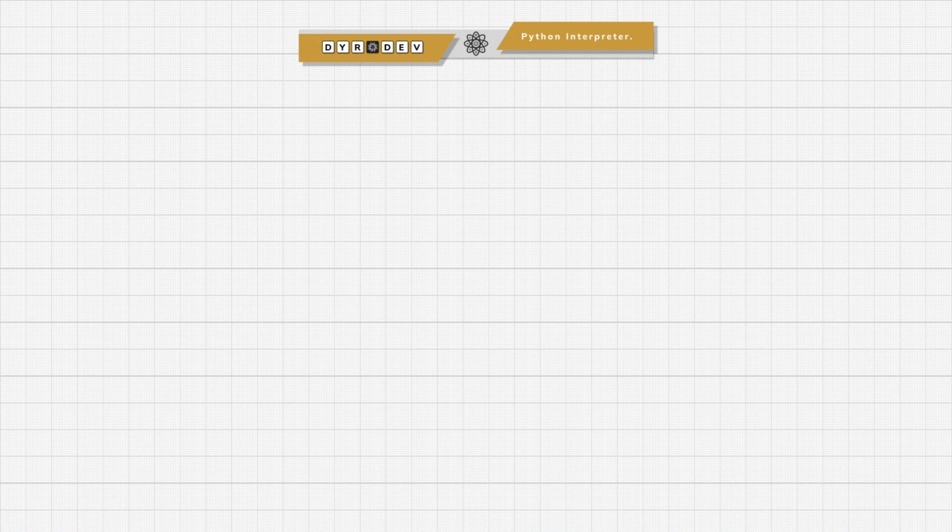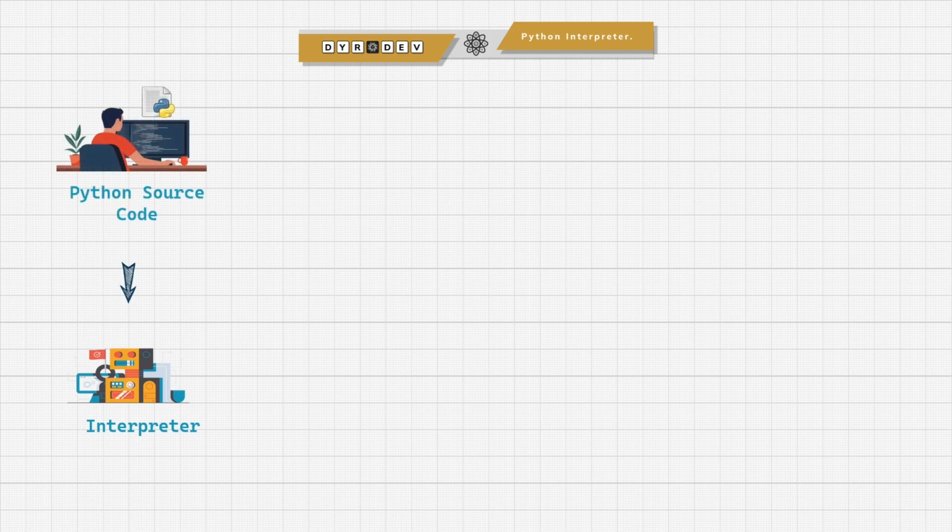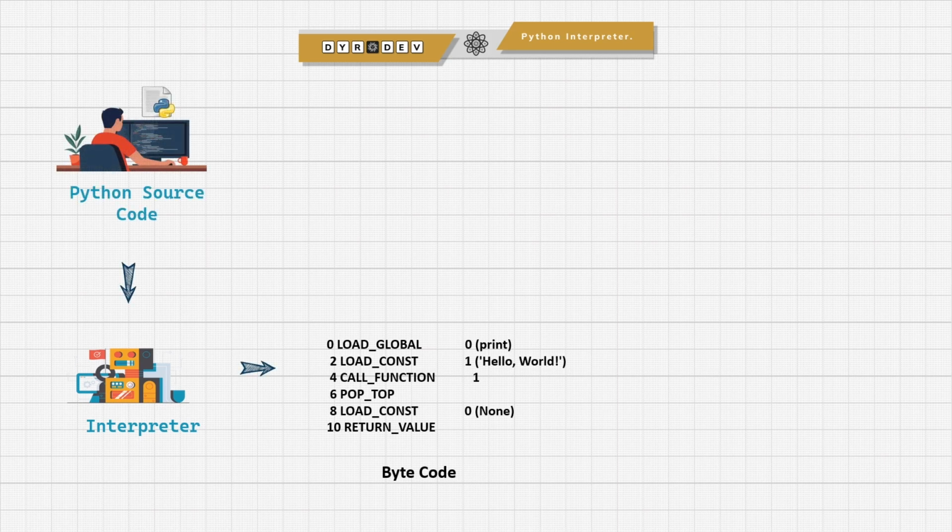Now let's see what happens when you run the file. When you run your Python code, the Python interpreter takes the Python code and converts it into bytecode. But before that, if you don't know what an interpreter is, go and check our previous episode in which I have explained what the Python interpreter is, how it works, and how Python works under the hood. Now let's continue. The Python interpreter converts your code into bytecode.